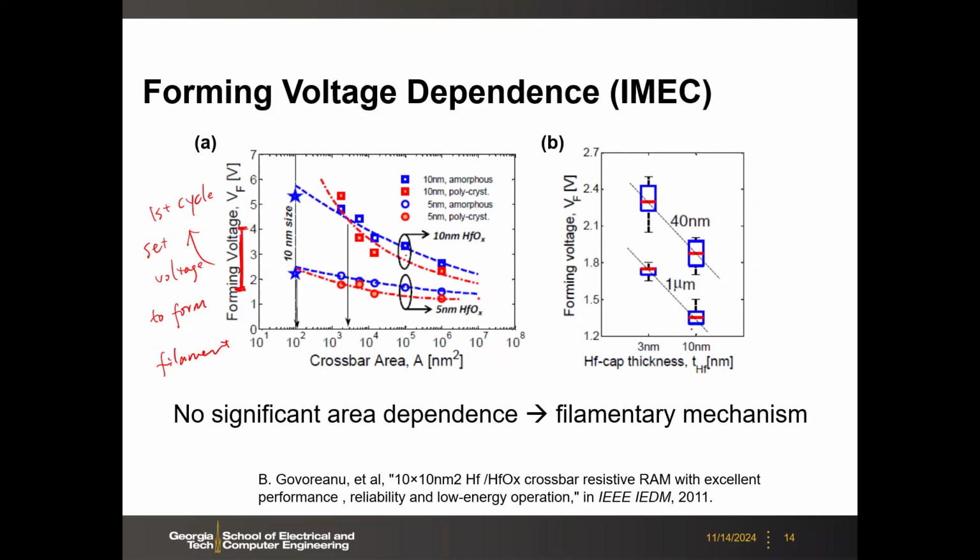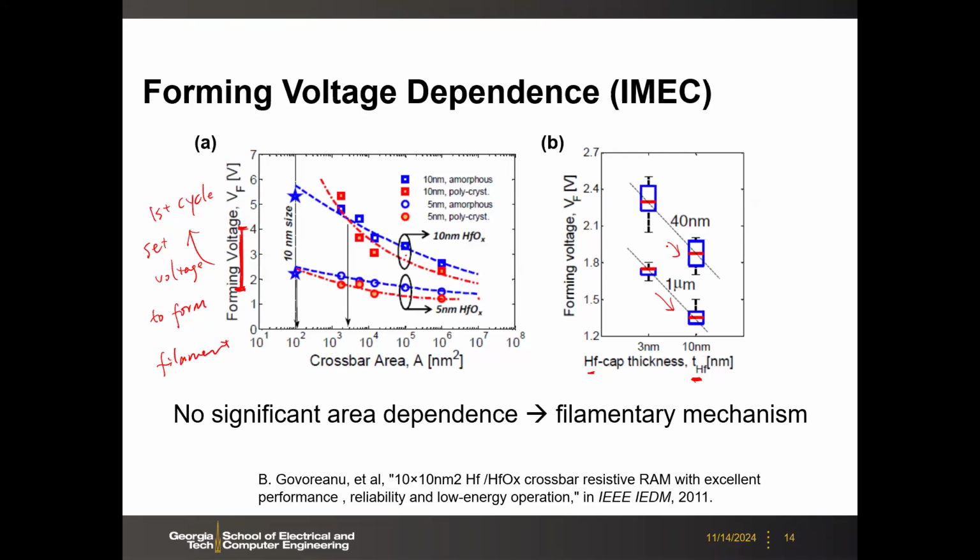The thicker the capping layer, that means the hafnium metal layer, the forming voltage could be reduced, because the thicker the hafnium metal, you may extract more oxygen from the oxide. Therefore, it helps to create the filaments.